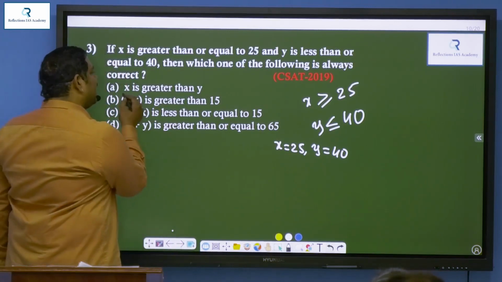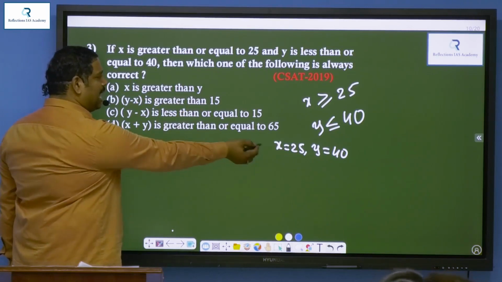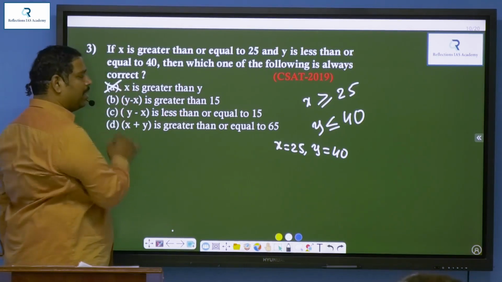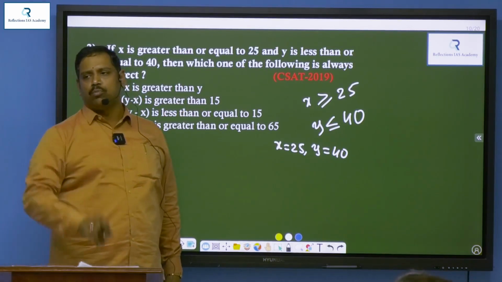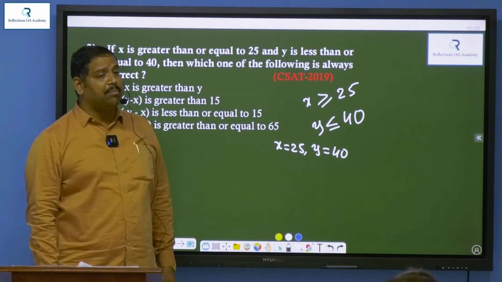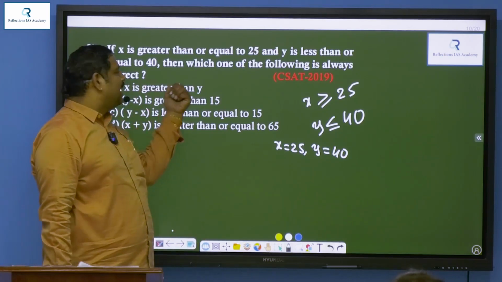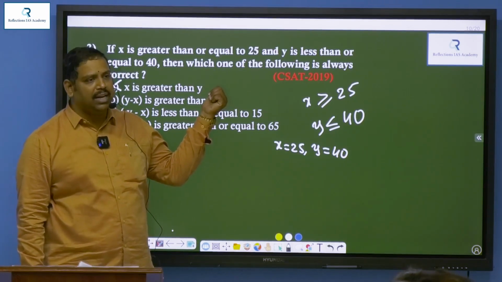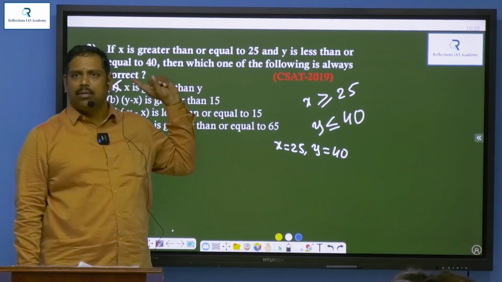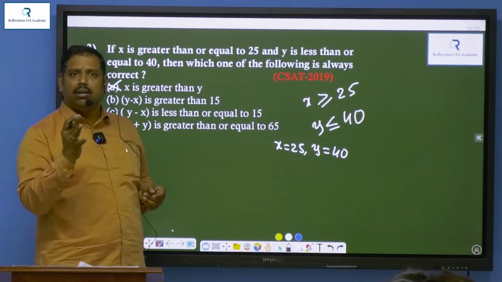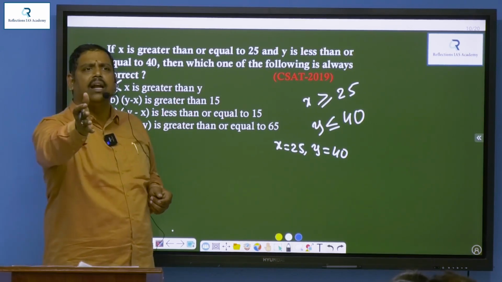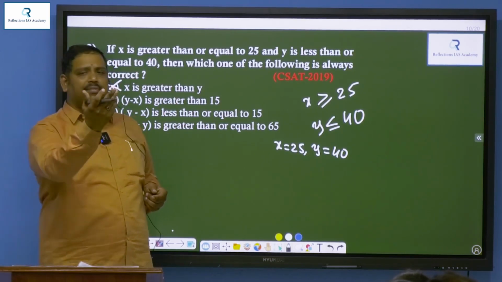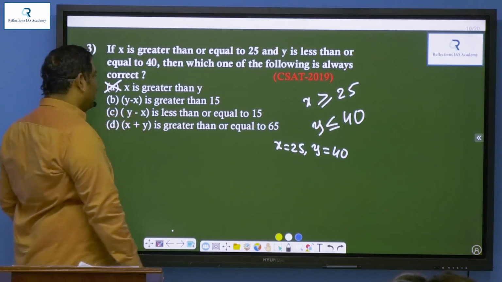That is not always true. Sometimes it is true. If the statement said x can be greater than y, what is the meaning of can? Possibility. In that situation we should say correct. But in this situation it is not can. He is saying it should be greater than, yes or no? So that will be the wrong one. Okay, leave it. Next one.